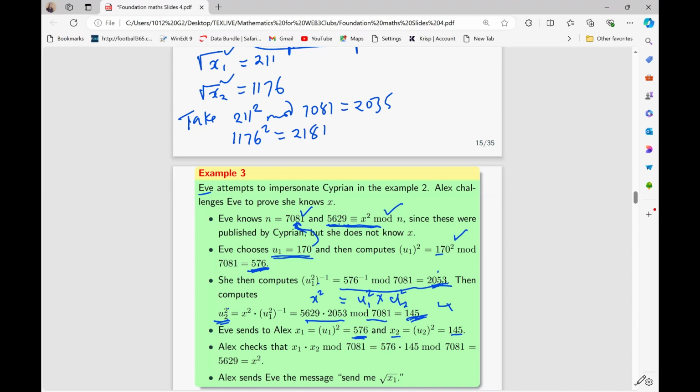And as usual, x1 and x2, their product is x squared.